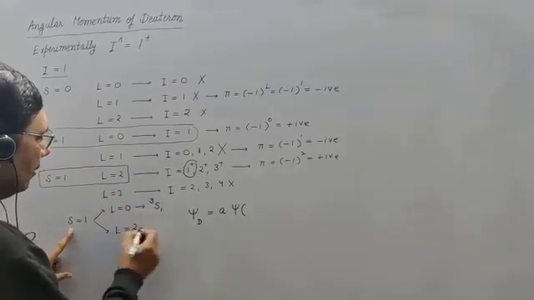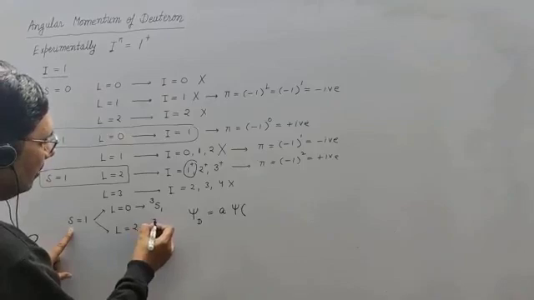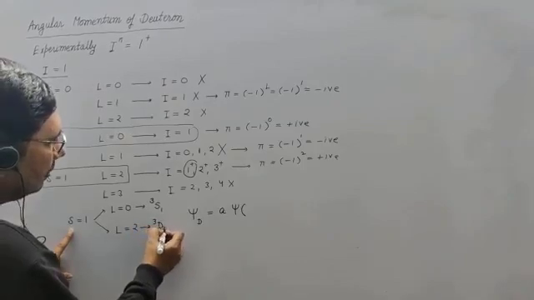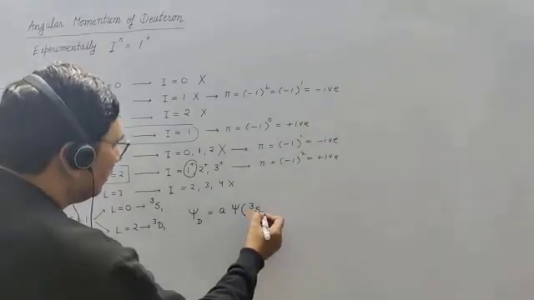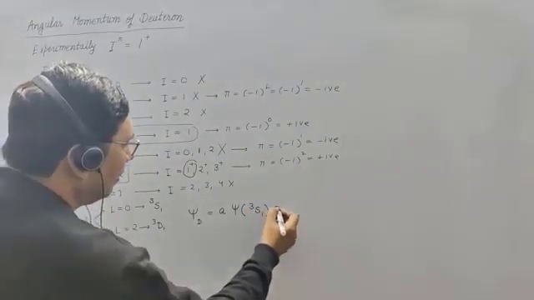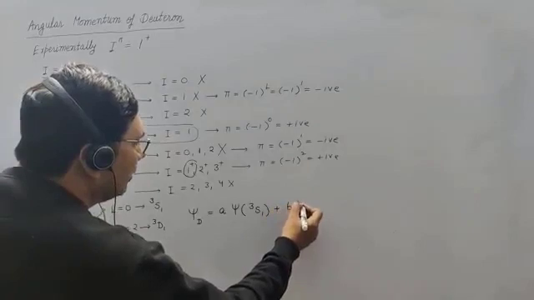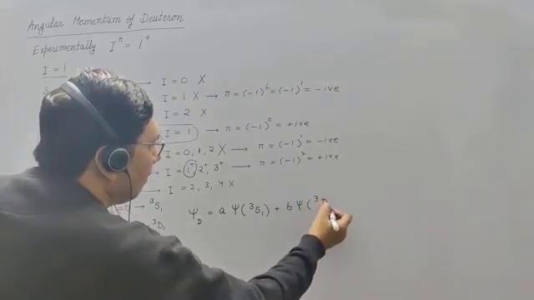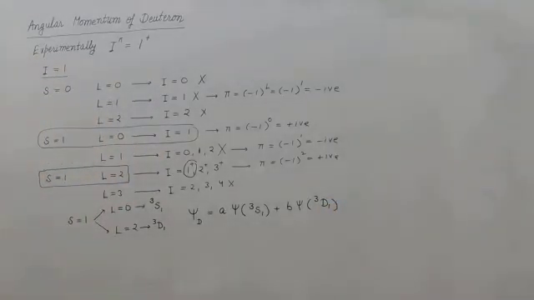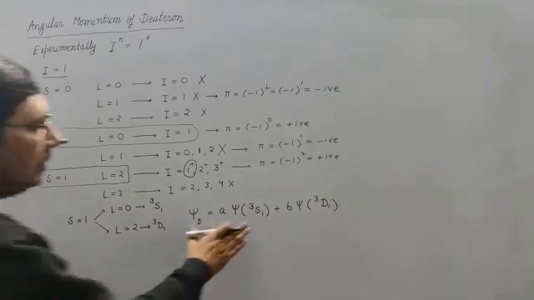J value will be 1. While for the other it will be 3D1. So this can be a combination of 3S1 plus b times 3D1. So it is possible that the ground state of the deuteron nuclei is a combination of these two states.